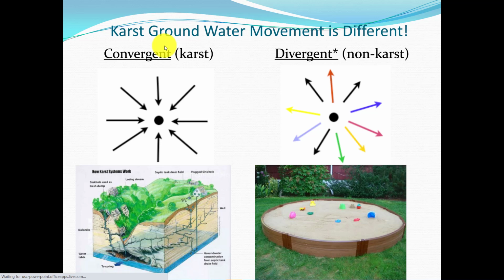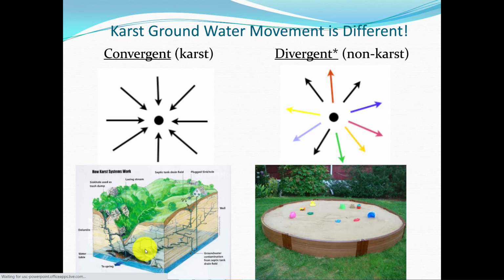Think of the pipes in your house, the pipes that connect your sink, your washer, your tub, your shower. All those things are connected, and they lead to bigger pipes that eventually go out to the wastewater system for the city. That's similar to what a karst system is like. If you look down here on the bottom left, you have all these little cracks and crevices, and as you go downstream underground, they get bigger and bigger as they dissolve away. So all of that stuff coming from the surface comes together convergently.